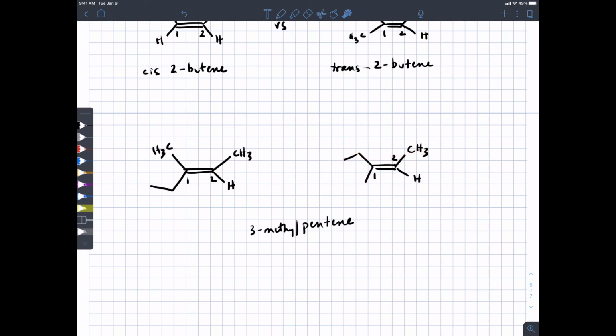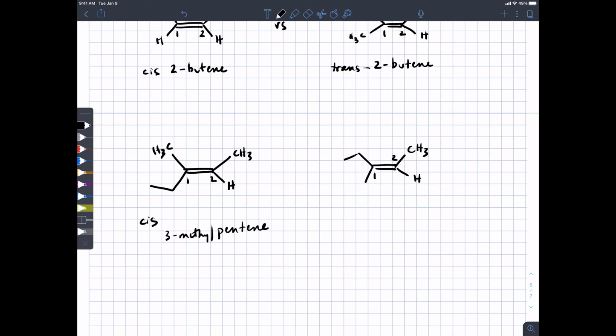You can't use cis or trans because cis and trans are relative terms. If I tried to call the one on the left cis-3-methylpentene, somebody trying to draw that would not know that you meant that the methyl groups are cis to each other.